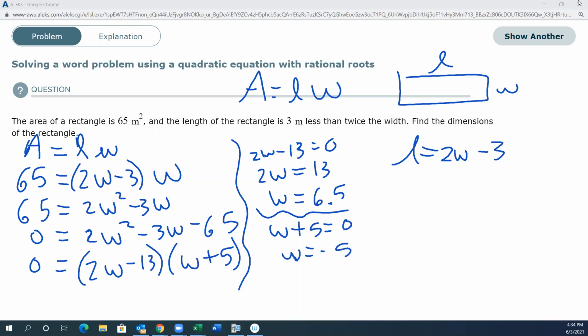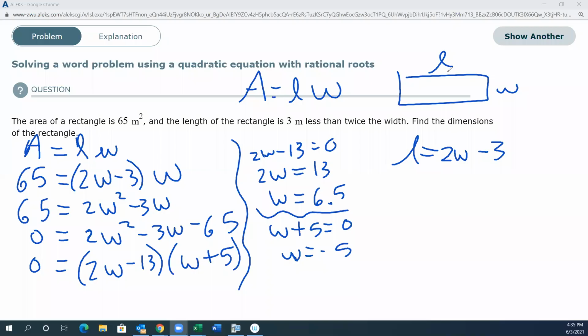Okay, now here's the deal. Unlike problems we've been looking at, this one has real-world context. What I mean by that is W stands for the width of the rectangle. Can you have a width of negative 5 meters? Doesn't really make sense. So I'm going to ignore that.